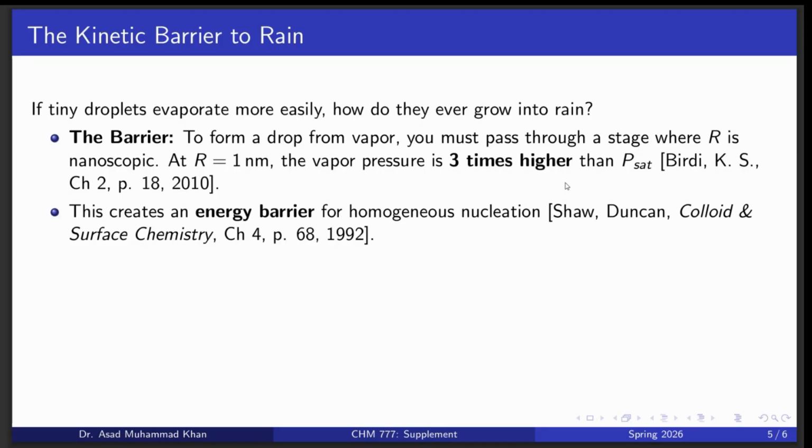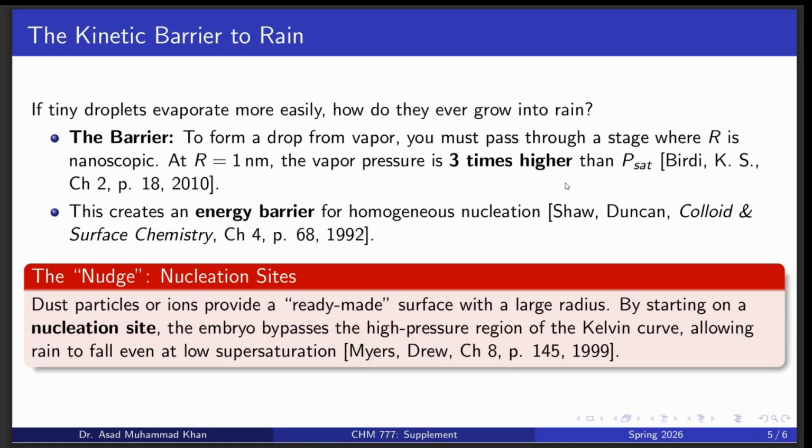This creates an energy barrier for homogeneous nucleation. ठीक है. So dust particles or ions provide a ready-made surface with large radius. तो उसको क्या करेगा, ये इसको फीड करेगा ना. So by starting on the nucleation site, the embryo bypasses the high pressure region of the Kelvin curve, allowing the rain to fall even at low supersaturation.